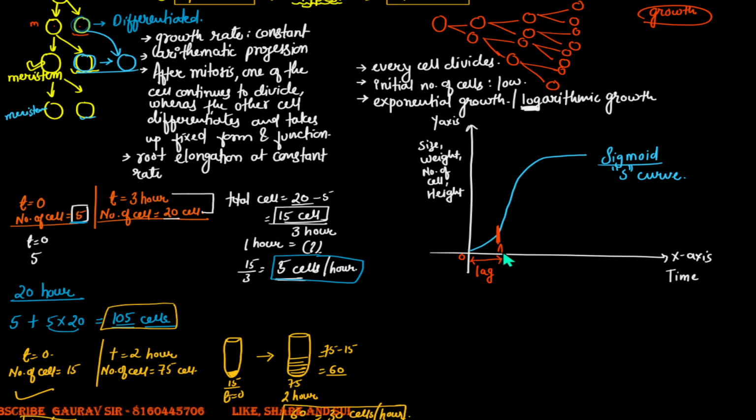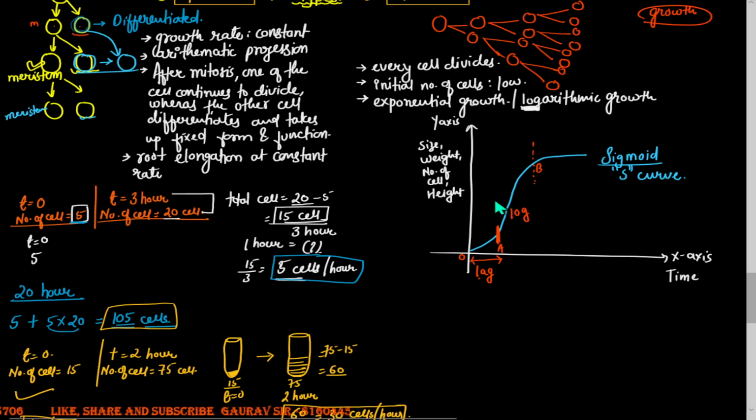Let's call this point A. From point A to point B, we have a phase called the log phase. Remember students, this is lag and this one is log. If you're not going to call it log phase, you can also refer to it as the exponential phase.